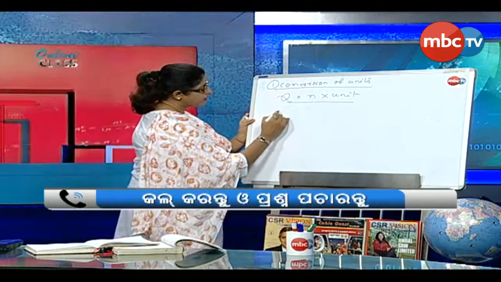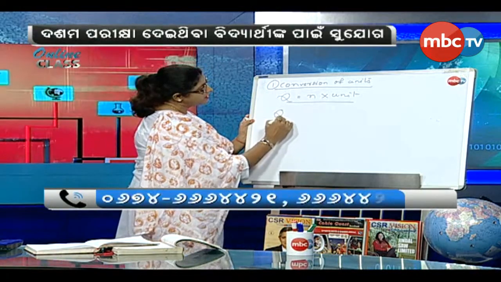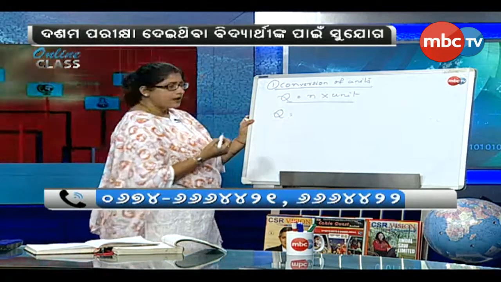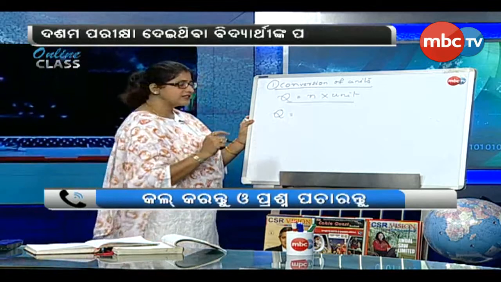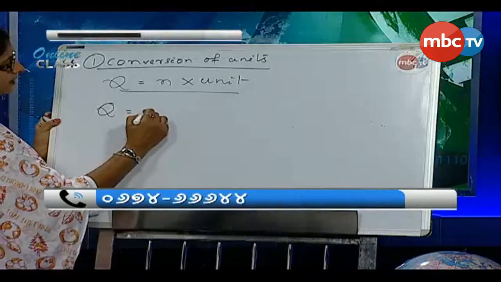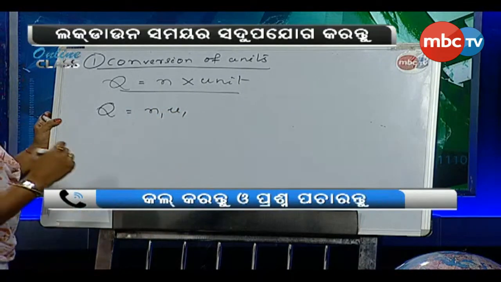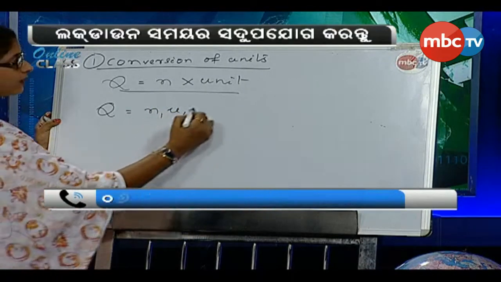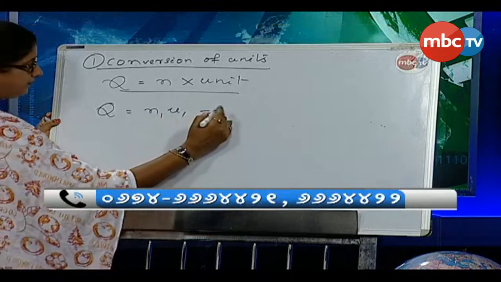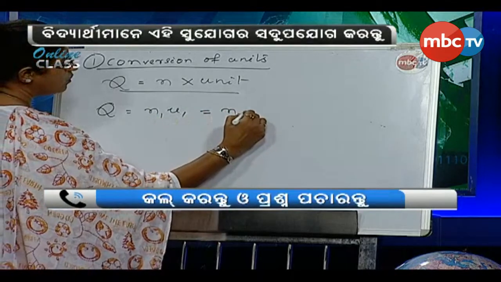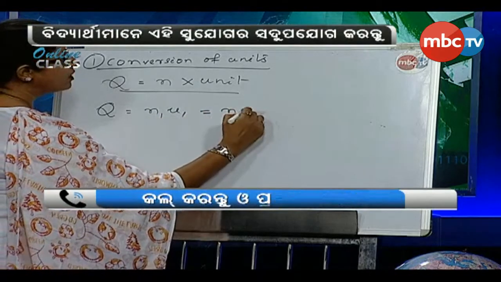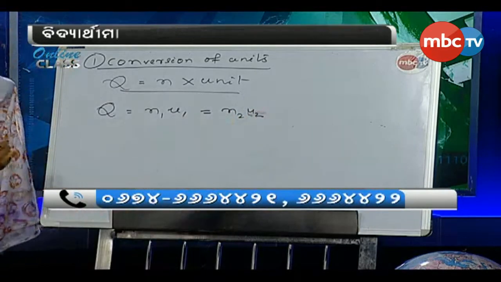So, suppose I take the physical quantity Q and express it in two different systems of units. If U1 is the first system of unit, then it is N1 U1, like 1 meter, and another one is N2 U2, like 100 centimeter.